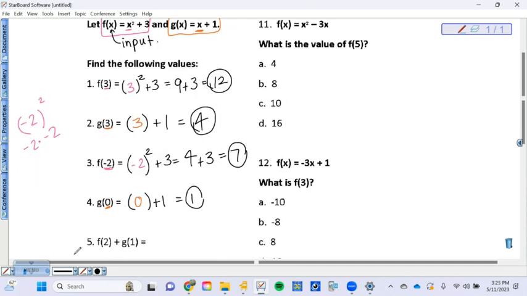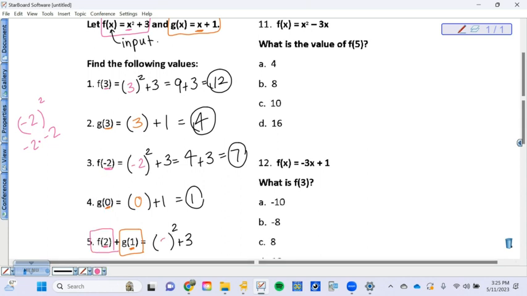Number 5, f of 2 plus g of 1. So now I have to look at both functions. I plug in 2 for my f function, and I plug in 1 into my g function, and then I just add those together. So f of 2 would be 2 squared plus 3.